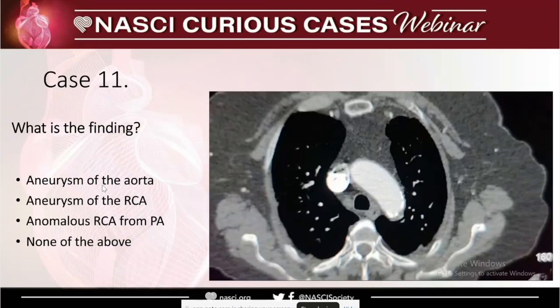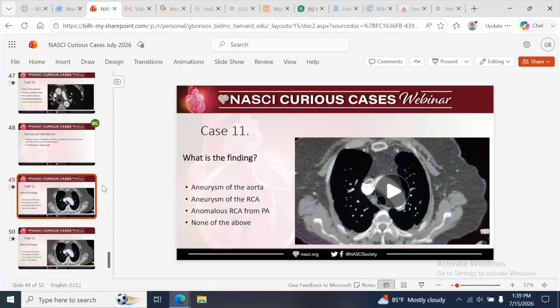Okay. We have one last case, and we need to decide if it's aneurysm of the aorta, aneurysm of the RCA, anomalous RCA from the pulmonary artery, or none of the above.